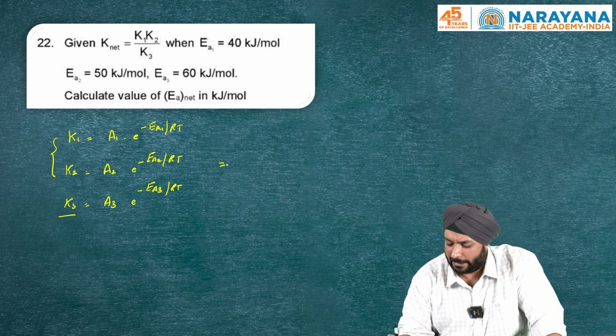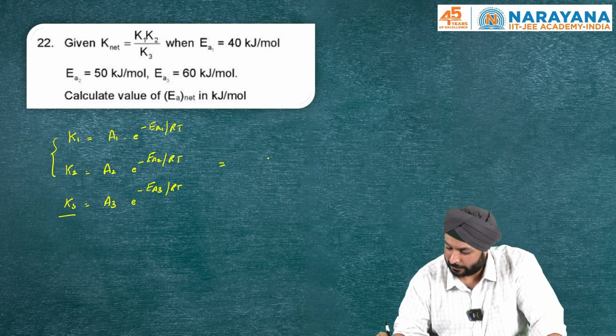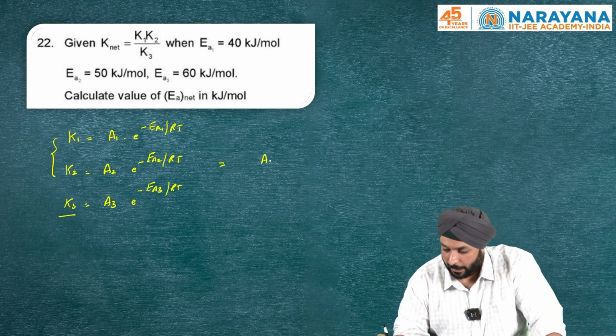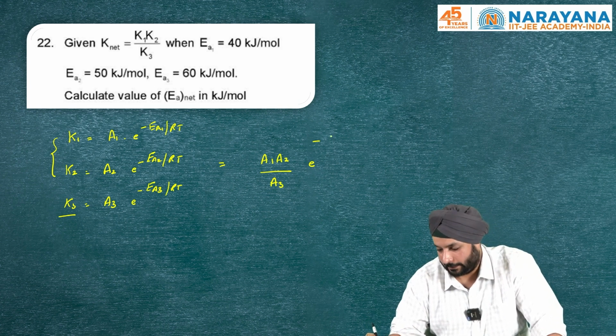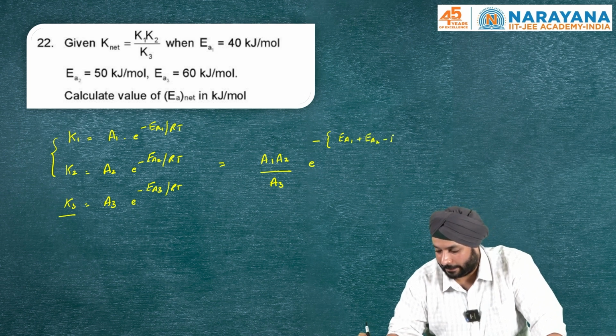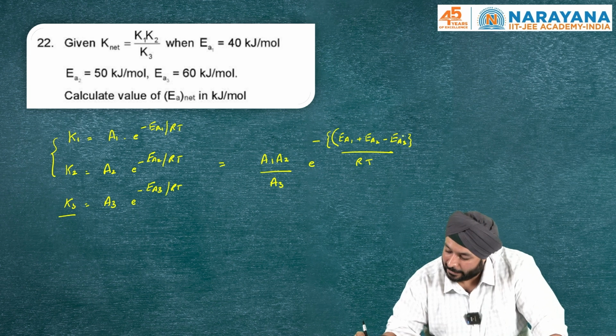So you will get the net equation as A1 A2 by A3 into e to the minus (EA1 plus EA2 minus EA3) by RT, and this is net EA.